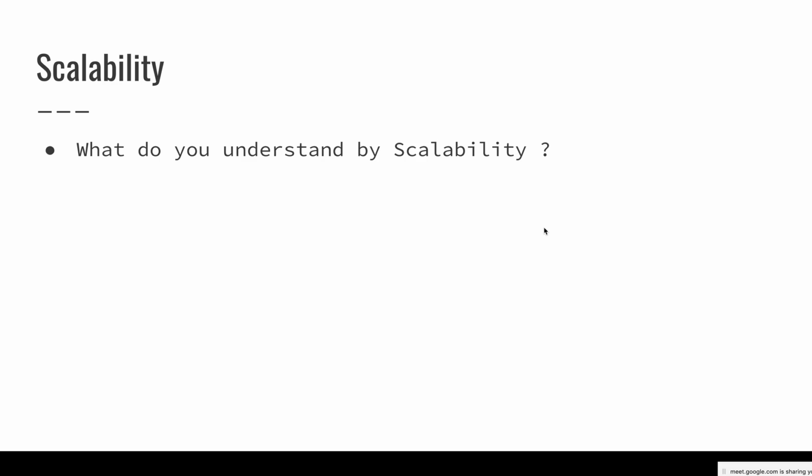Prakhar is saying changes can be accommodated if requests increase. Neeraj is saying handling a high number of requests. Manish is saying handling requests without change in latency. Tanay, Shubham, Bhupali, Dhananjay.